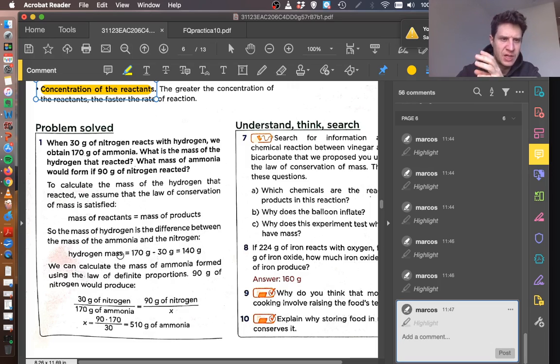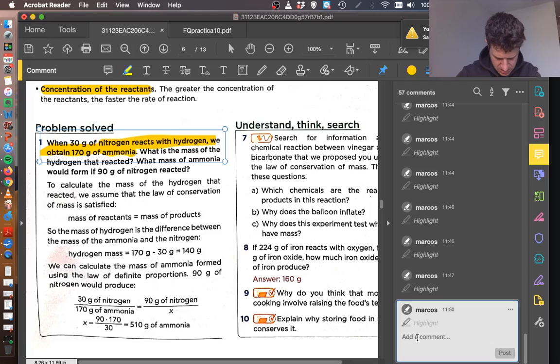So in a reaction like this, I'm going to put nitrogen reacts with hydrogen, we obtain ammonia. Here I will write it. So this is the proportion: nitrogen plus hydrogen equals NH3.